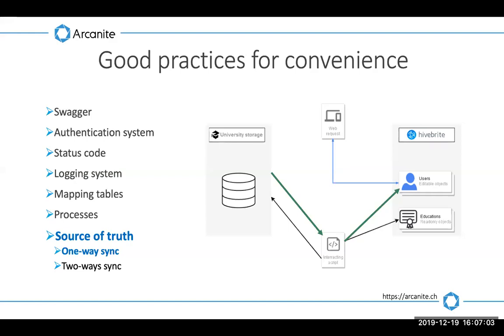The other way around is to have two-way synchronization. That can also be the case, and it's if Hivebrite might process data which is more up to date than your other source of data. In that case, you must have an intermediate system in which you're storing information about the last time you got the data from one or the other of the sources.